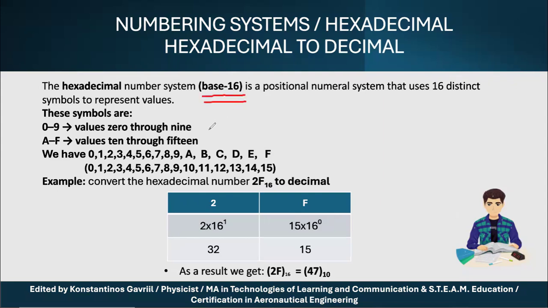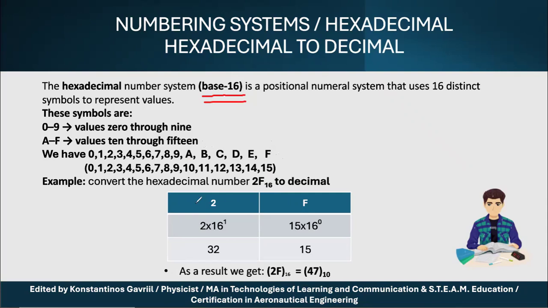So we have 16 symbols, 16 figures: 0, 1, 2, 3, 4, 5 until 9. And after, because we do not have more digits to express the rest of the numbers, we use the letters A, which means 10, B, which means 11, and so on until F, which means 15.